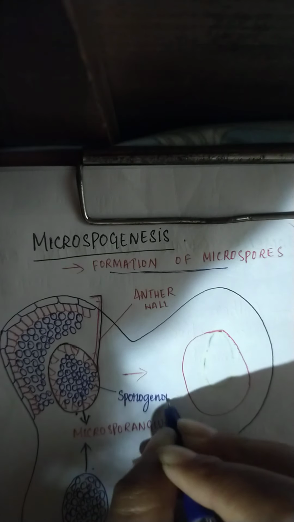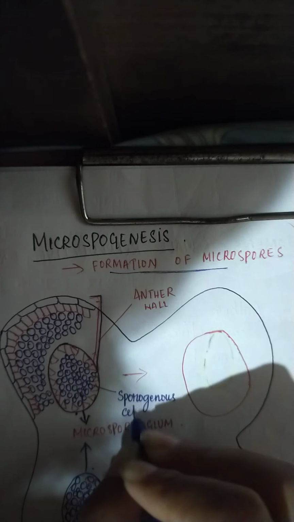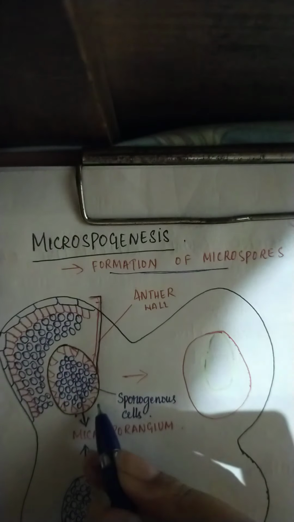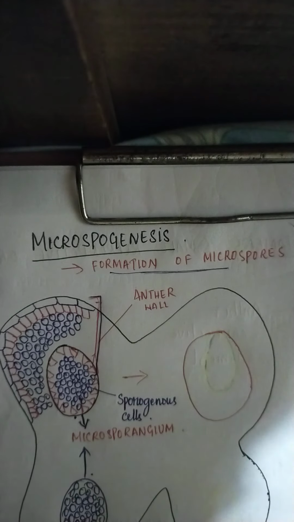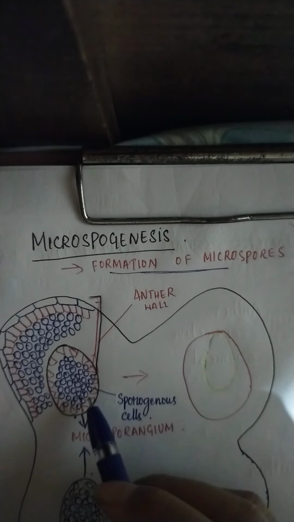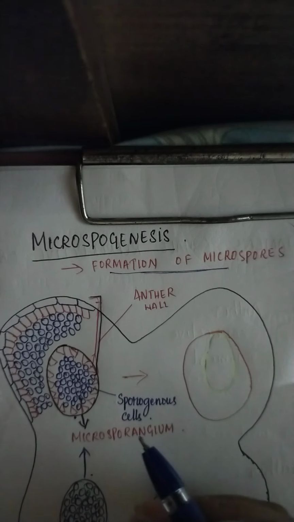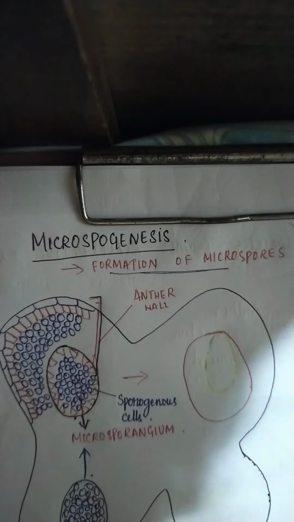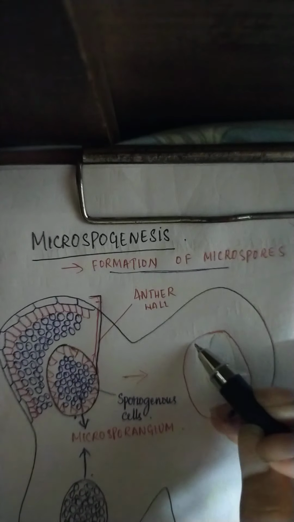These are the sporogenous cells. So as the anther starts to become mature, the microsporangium becomes wider in size.